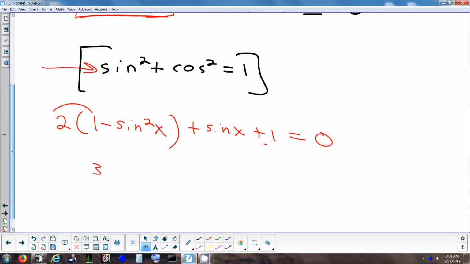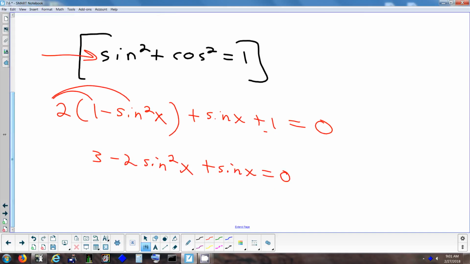I'm going to have a negative 2 sine squared x, and then plus sine x. Okay, so now we've got kind of a quadratic equation. It's not really written in the standard order, and there's something wrong with the number in front of the squared term. If you want to attempt to factor something, we always like that to be what kind of number?